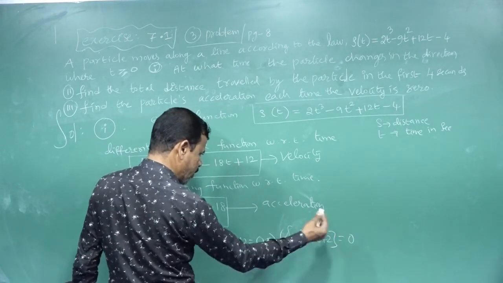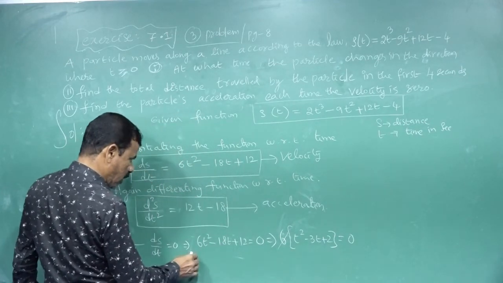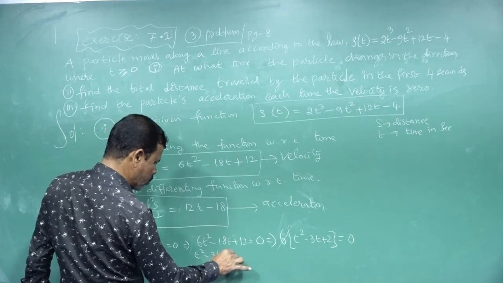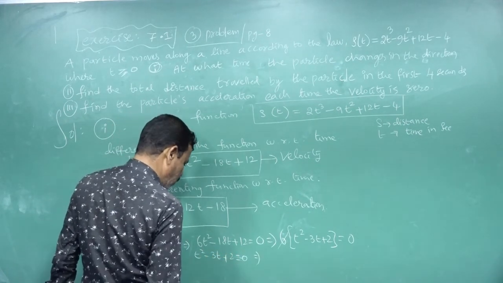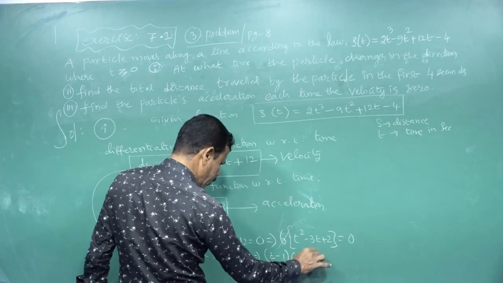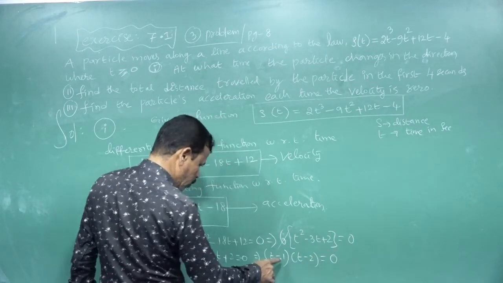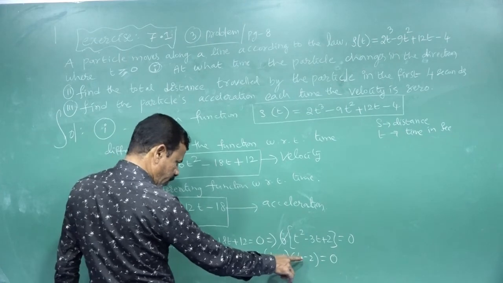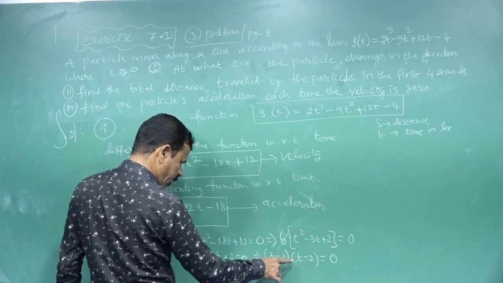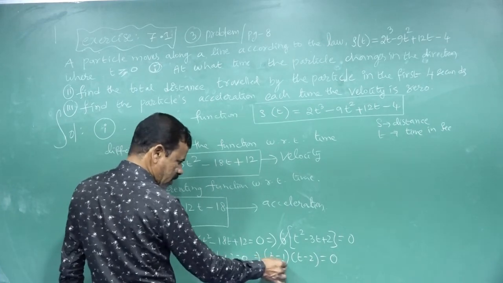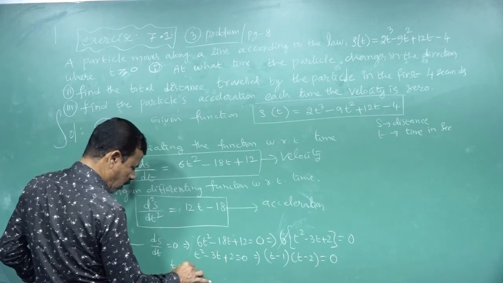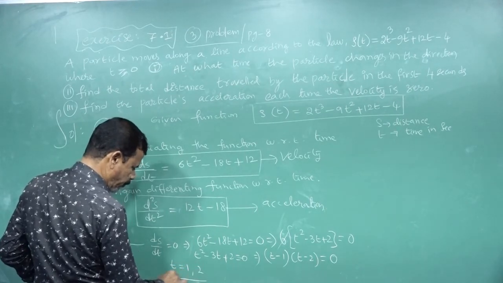This factors directly as t minus 1 into t minus 2 is equal to 0. 1 into 2 is 2, minus 1t minus 2t is minus 3t. Therefore t is equal to 1 and 2.